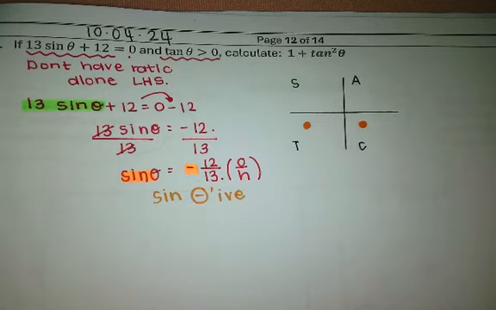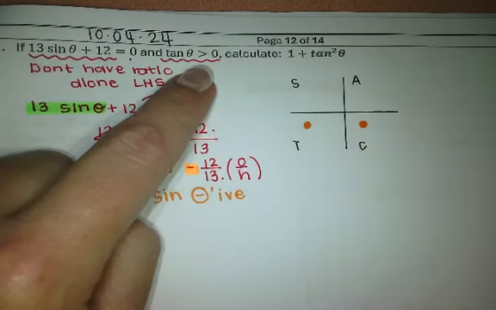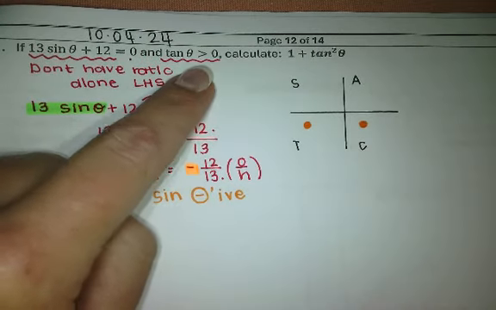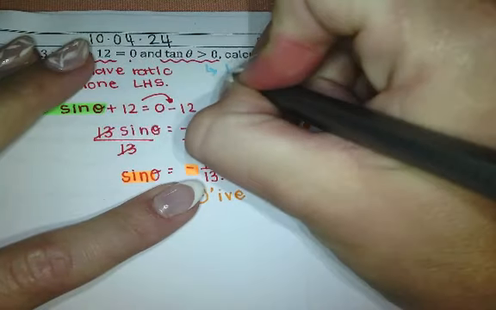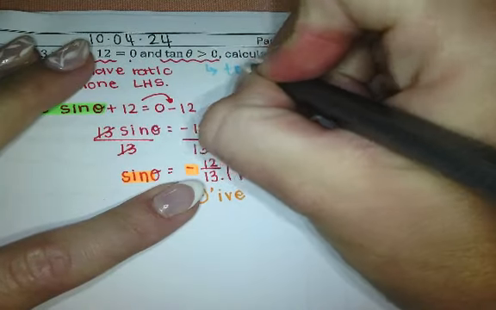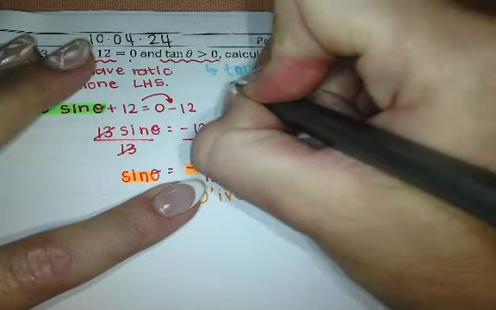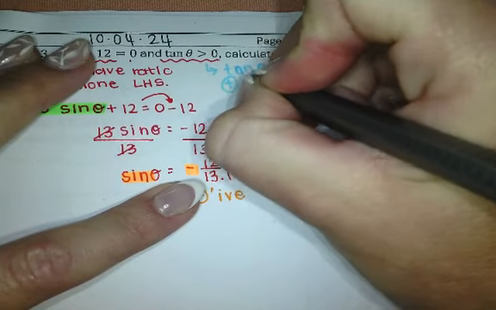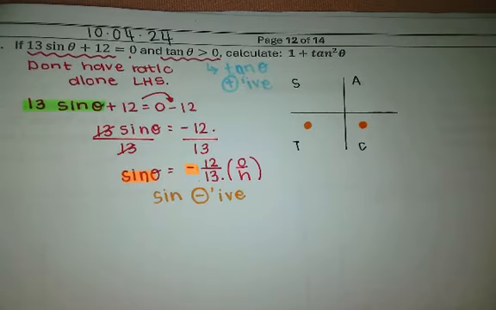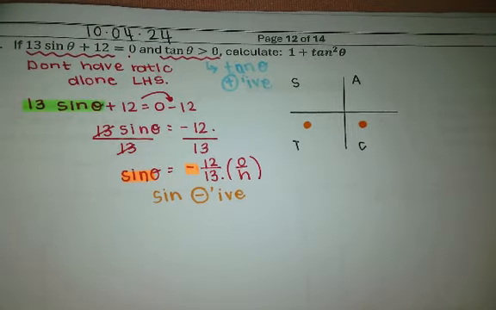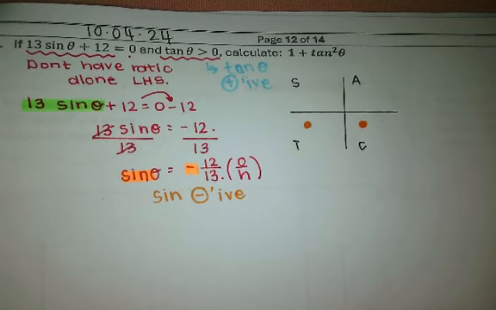My second piece of information is tan theta is greater than 0. If it is greater than 0, it's telling me that tan theta is positive, because less than 0 would obviously be negative.